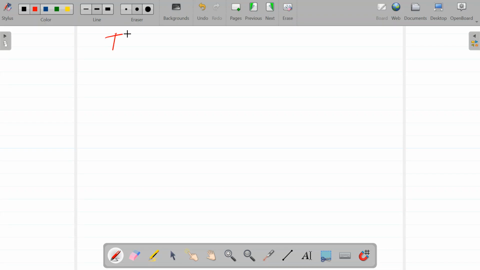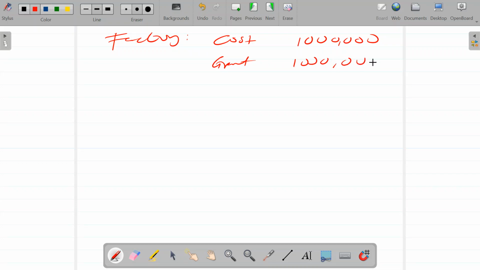So now we have a factory. The cost of the factory is 1 million, and we were given a grant of 1 million, and the useful life of this factory is 10 years. Now let's look at the double entry. This is a very simple double entry.